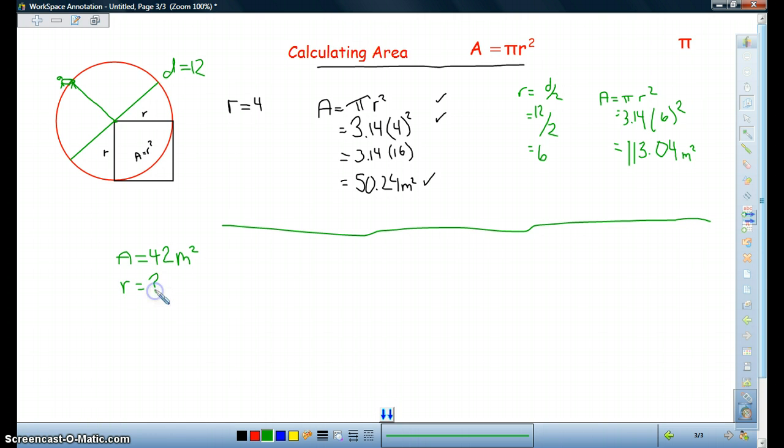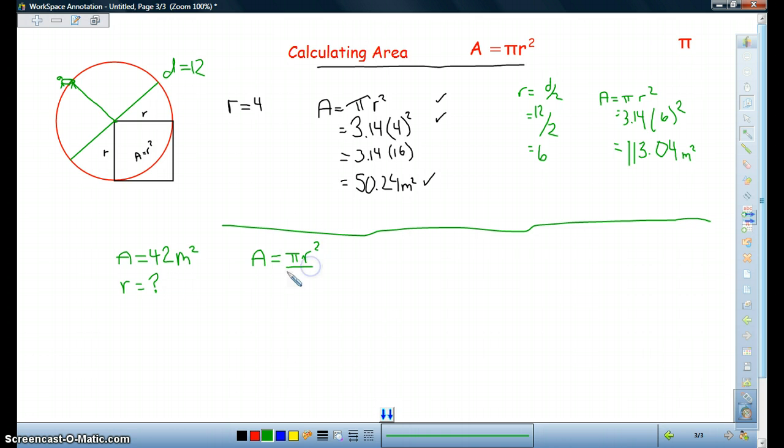Well, I know what formula has both area and radius in it, so I have to start there. And this goes with what we were talking about in video 2 of circumference. I need to get the radius by itself. I need to isolate the variable.